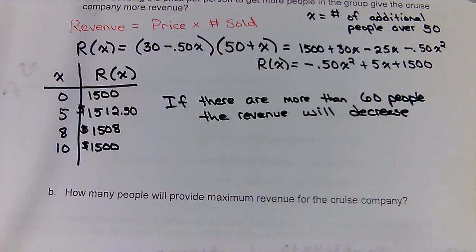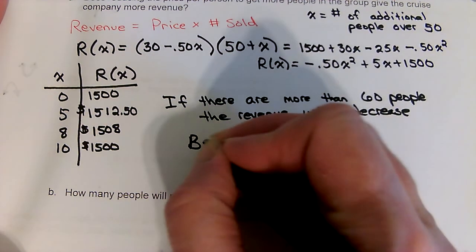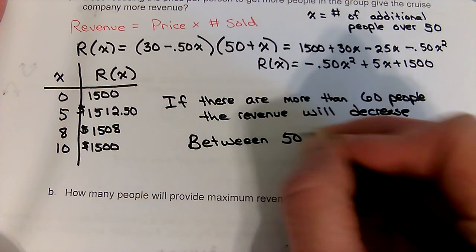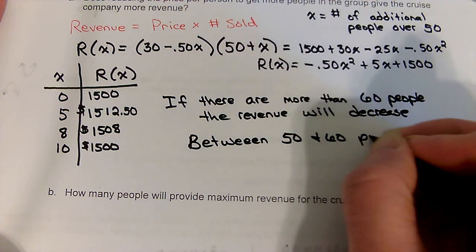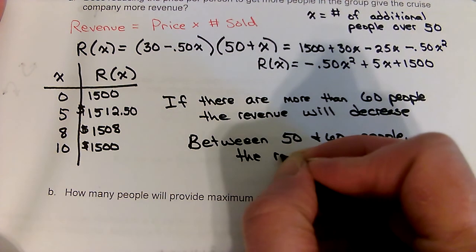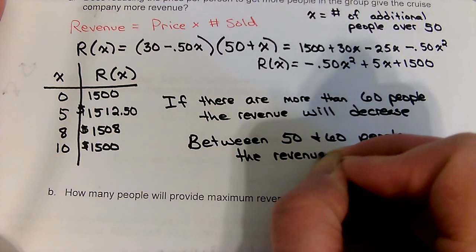But between 0 and 10 extra people, so between 50 and 60 people, the revenue will increase.